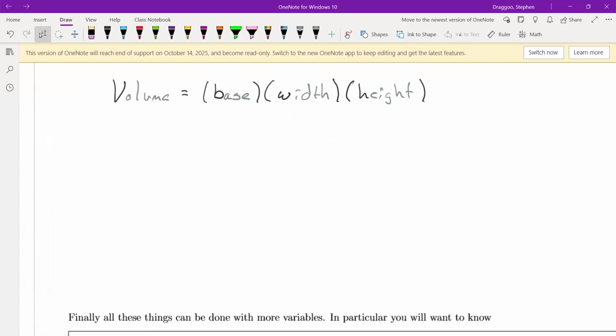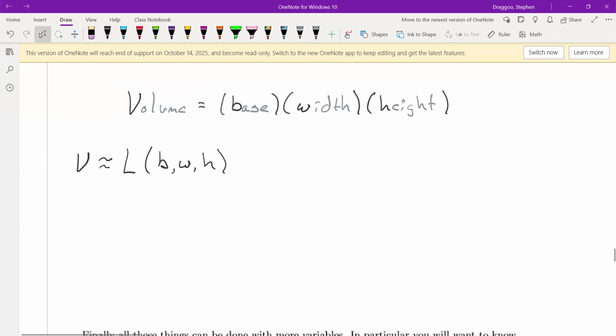I can't erase it. So if I were to try to create a linear approximation for the volume, I'll say that the volume is approximately equal to a linearization on the base, the width, and the height. So a three variable linearization.